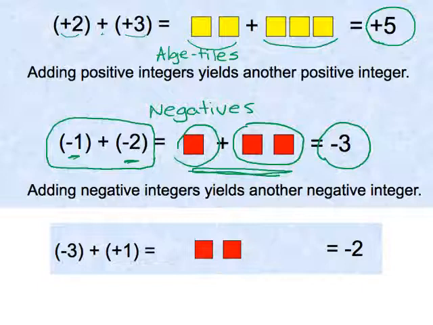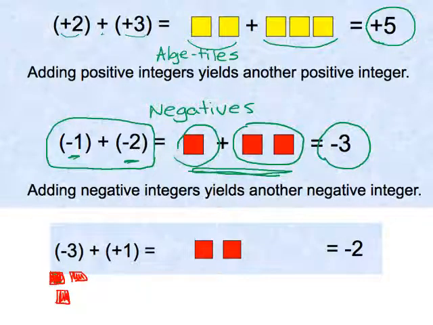Using it pictorially, as a picture, we would use the algebra tiles. So just one last example at the bottom. If I start with -3, and so I have 3 red ones. Okay, there's a red one, there's another red one, and there's another red one.